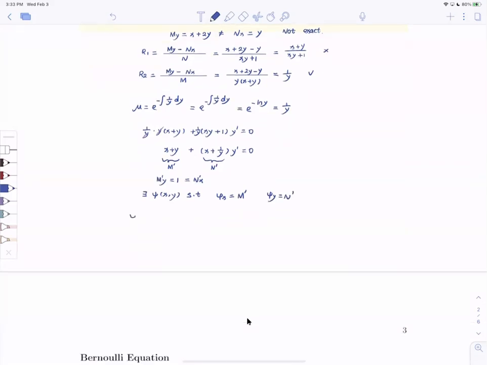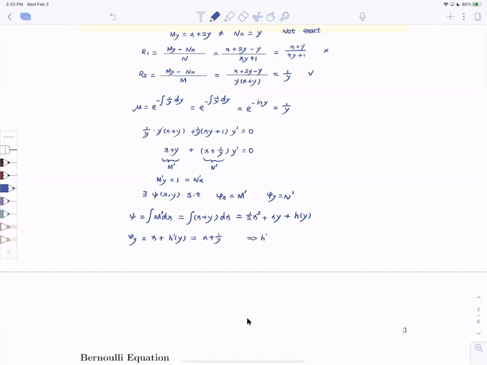Now phi equals this. dx of m prime equals 1 over 2 x squared plus xy plus h of y. And then phi of y equals x plus h prime of y, which equals x plus 1 over y.